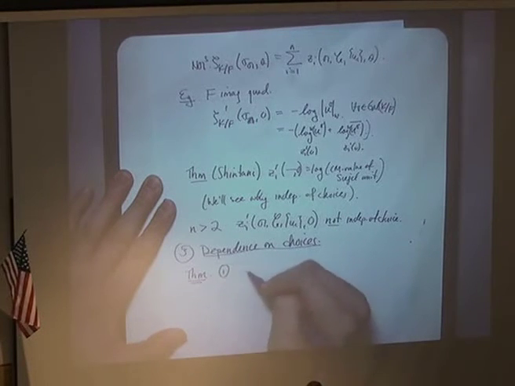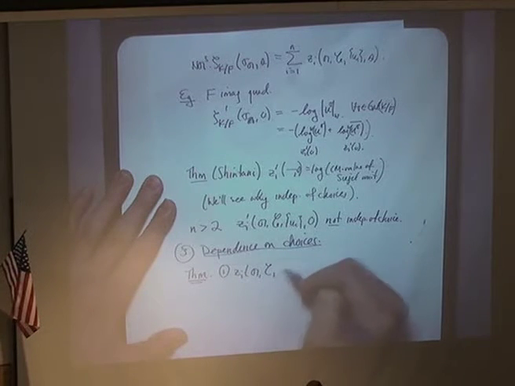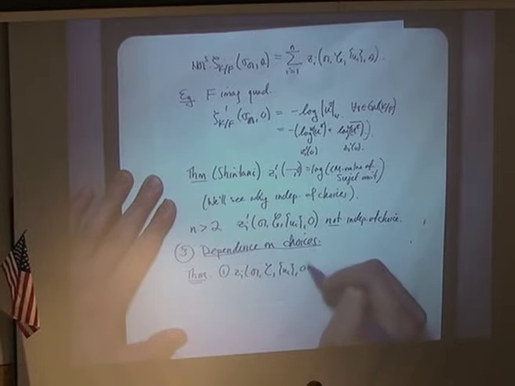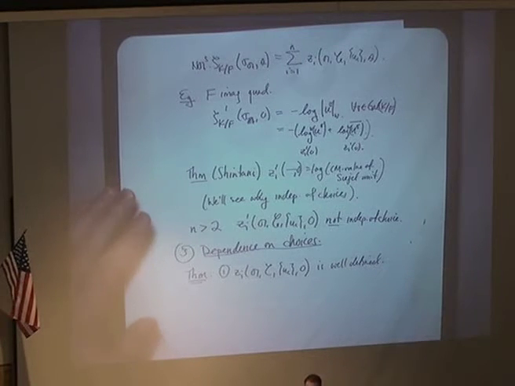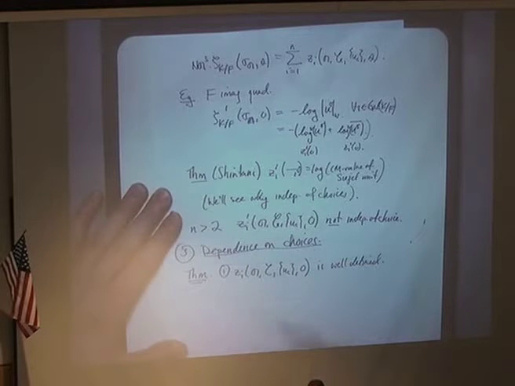First of all, if we look at zi of AC, the u's at 0, so the value at 0, then this is well defined. The value at 0 is independent of all our choices.